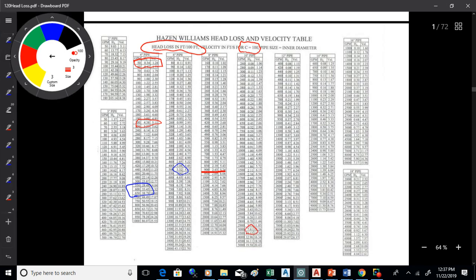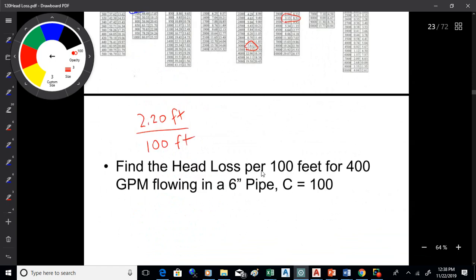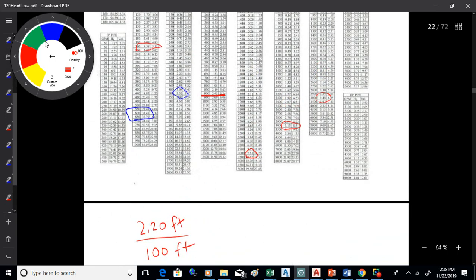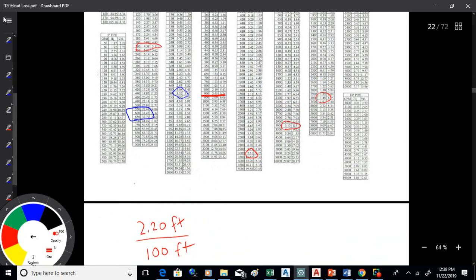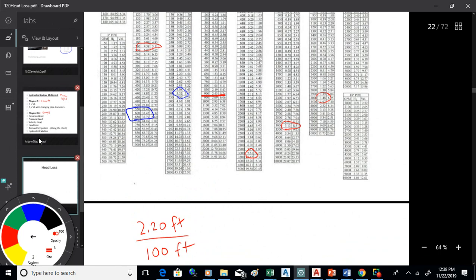So there's 10, 12, 14. Once we've got that, we just got to pick a pipe that'll do the job for us.